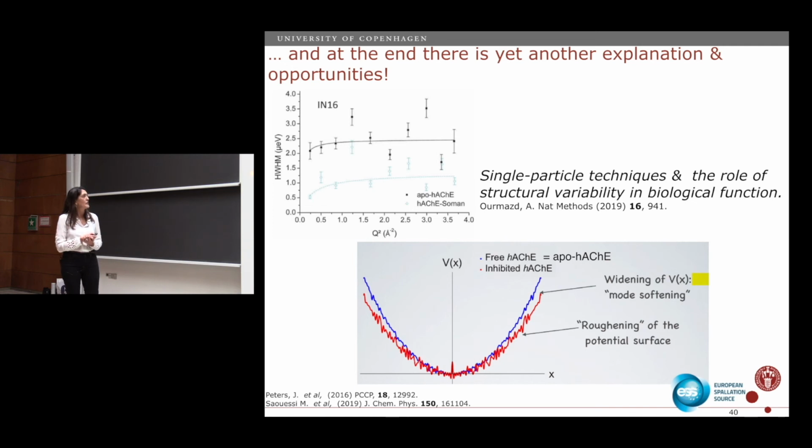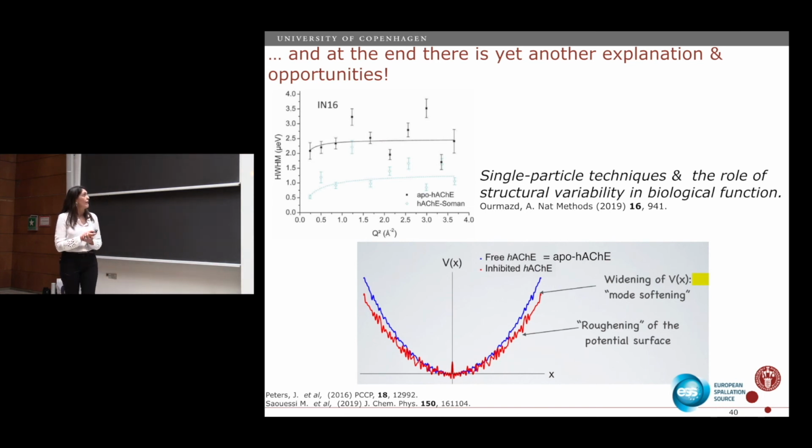What happens here is that when we inhibit the protein, we change the potential. And this is the kind of information that I really want to get, the potential. Because if I have information on the potential, I have information on my single particle.